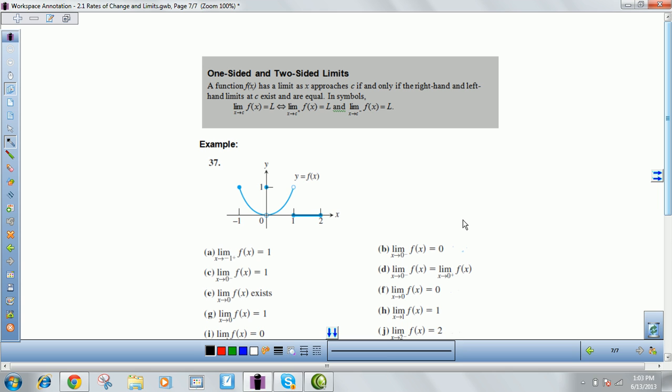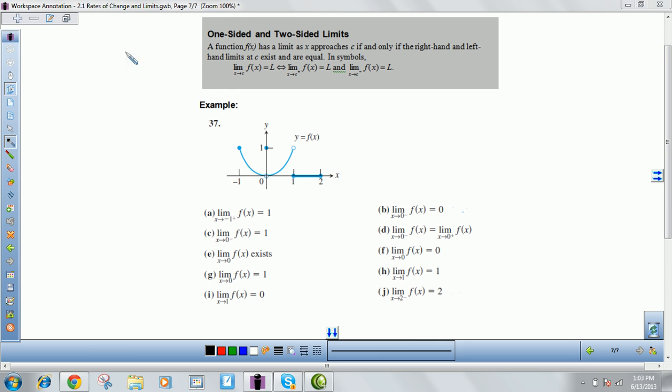Okay, so we have one more, and this is taking a look at limits from more of the graphical perspective. These points on the graph can have one-sided limits or two-sided limits.